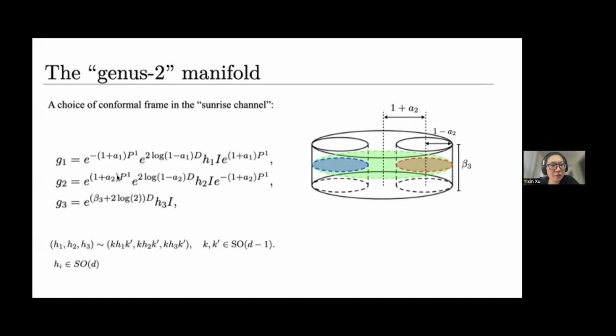Here A1, A2, and the parameter beta 3, they're all real parameters. Now, this choice of Gaussian map has a very clear geometric picture, which is illustrated in the picture on the right.